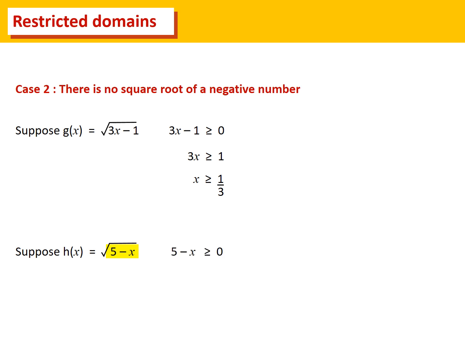So we write 5 subtract x is greater or equal to 0. Adding x to both sides gives us 5 is greater or equal to x, but we should start our inequality with x, and if 5 is greater or equal to x, that means that x is less than or equal to 5. And that's how we end up with restricted domains.